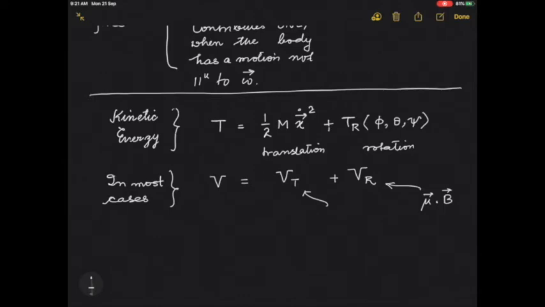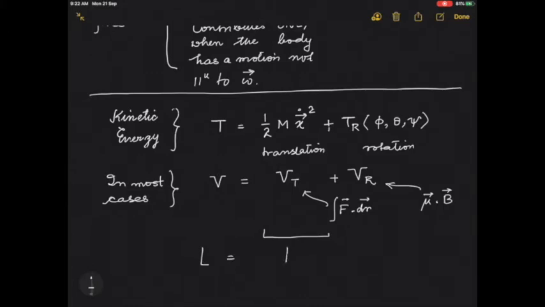And the translational potential energy is more like the potential energy which comes because the force is given by the gradient of a potential. So this is more like the integral of F dot dr. Okay, that's just an example, but that is what we state at this point.